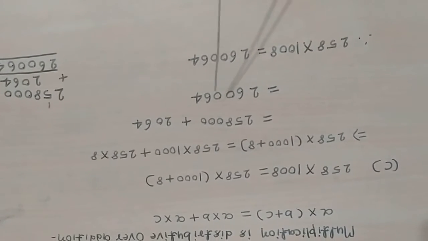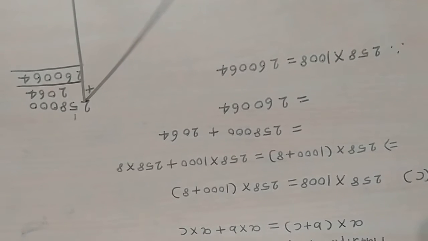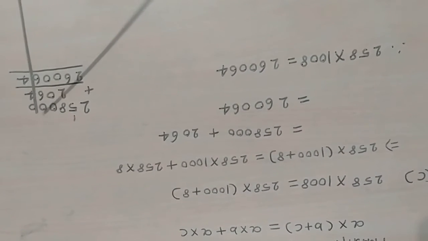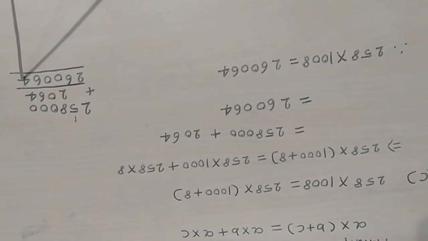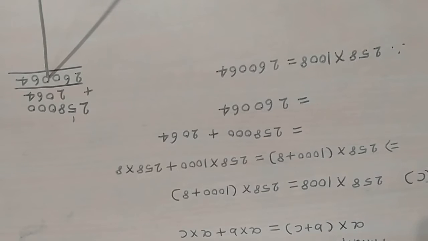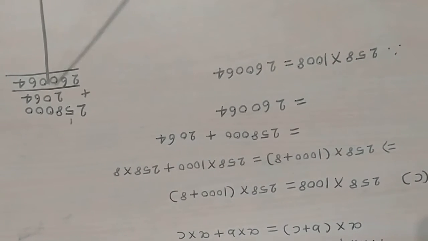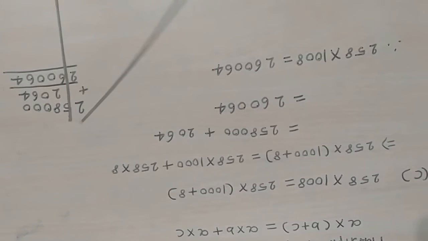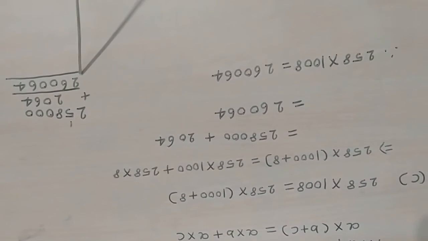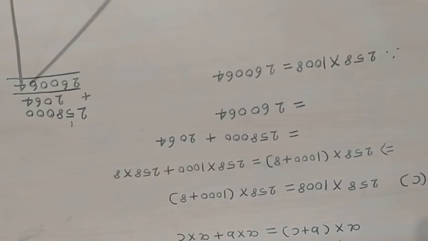Now we sum it. So here this is the sum: 2,58,000 plus 2064. So 0 plus 4 is 4, 0 plus 6 is 6, 0 plus 0 is 0, 8 plus 2 is 10, 0 carry 1. So 1 plus 5 is 6, and we write 2 as it is. So in this way we obtain 2,60,064.